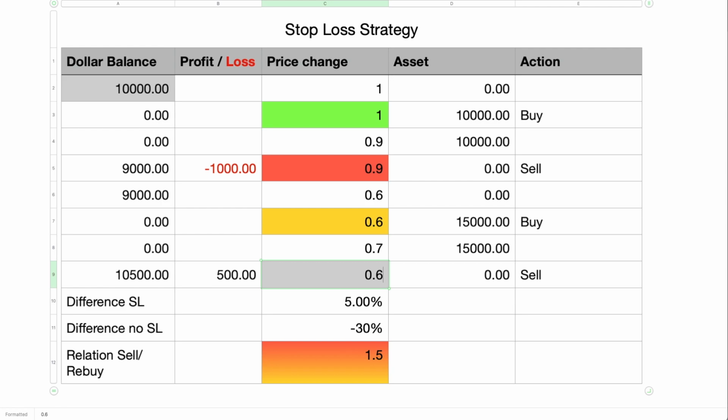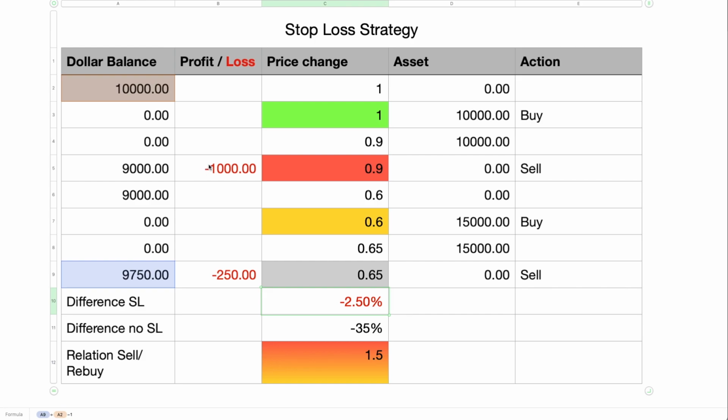And even if it goes just to 65 cents, at least you have reduced your loss to 2.5%, whereas initially it was 10%. The loss you had realized with your first sell when it dropped from $1 to 90 cents.